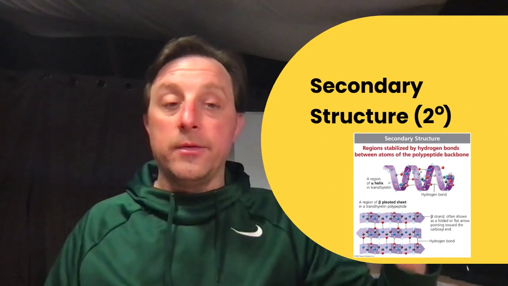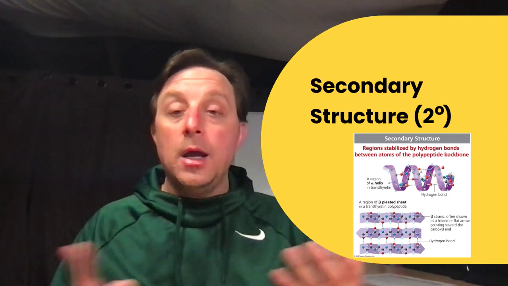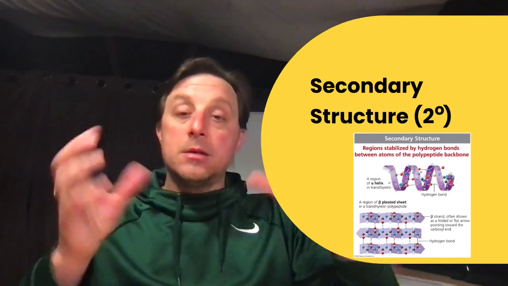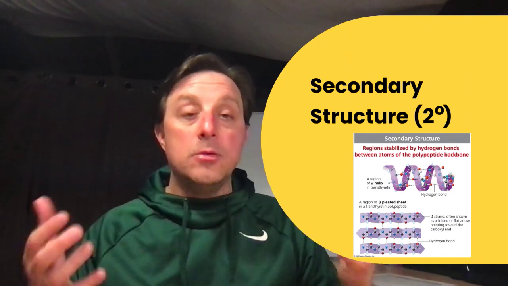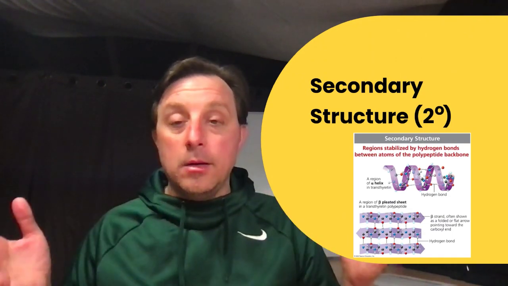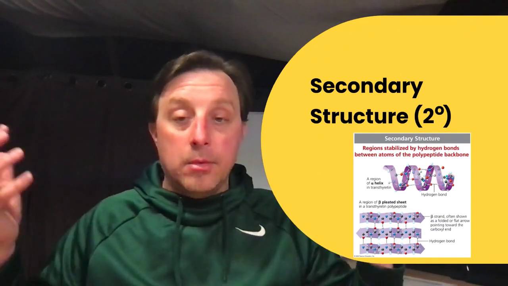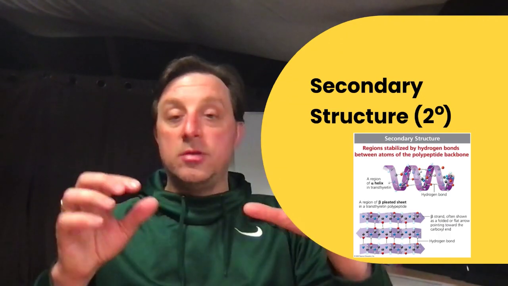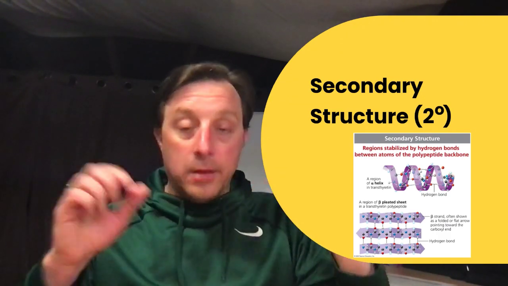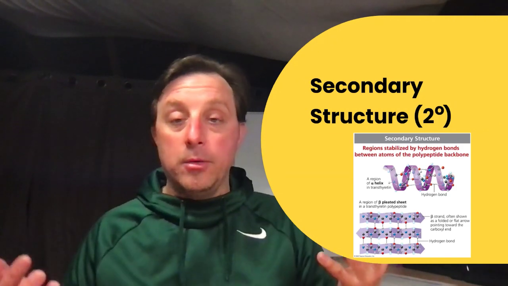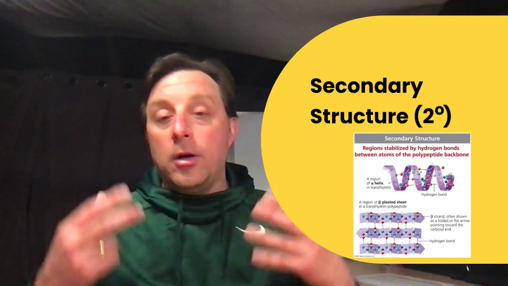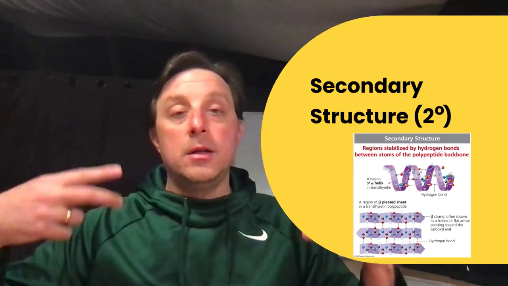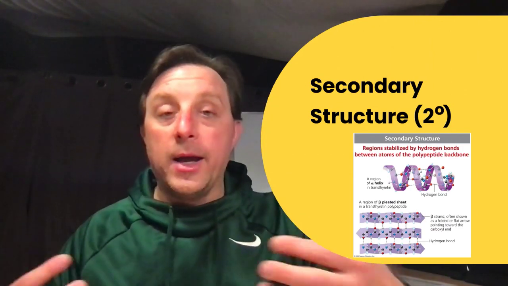The next level of structure, the secondary structure, is the way that this chain of amino acids kind of bends and wraps around itself. And this is due to interactions with the backbone atoms, the carbons and the hydrogens and the nitrogens that are all found in the backbone. And when we look at the secondary structure, there are 2 major secondary structural features that we'll find in proteins.